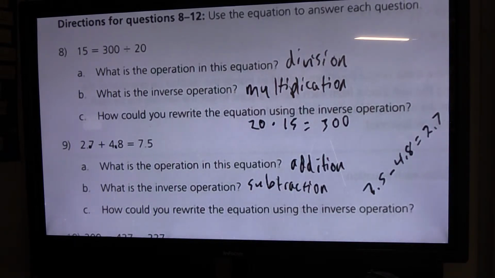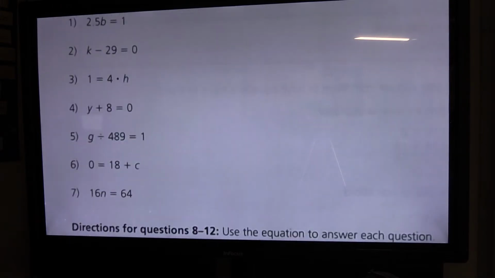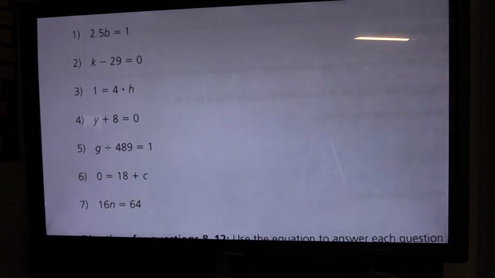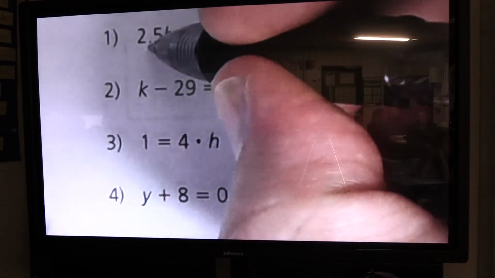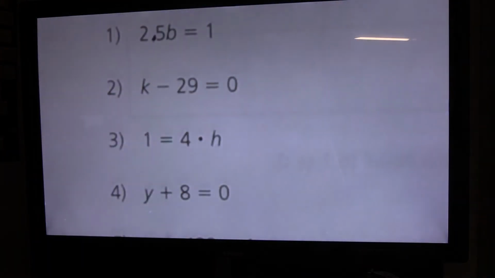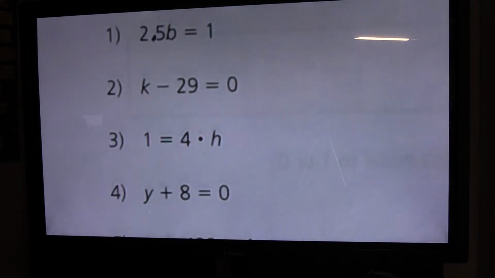After we've had a chance to talk about operations and inverse operations, let's look at one of the items that they're going to have to do. I want to focus on number 1. Here you have 2.5 B equals 1. First off, what operation, boys and girls, do we have in this equation?